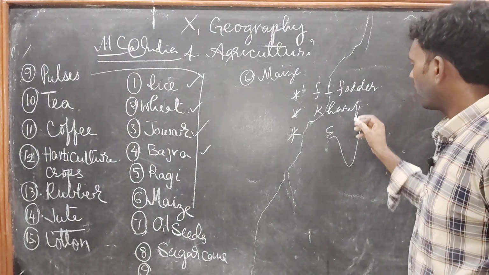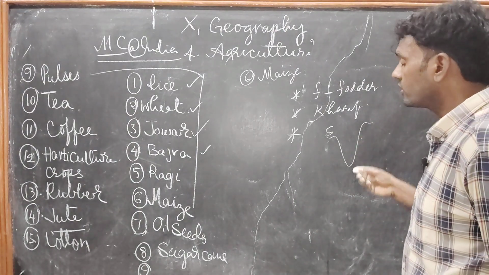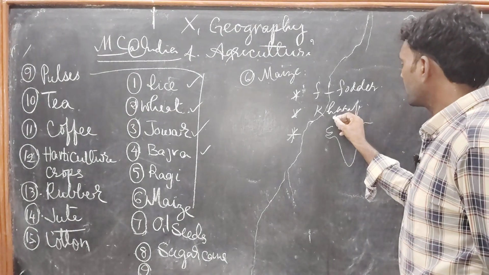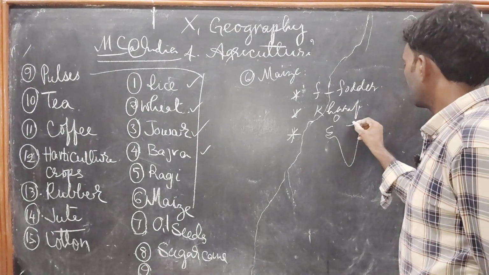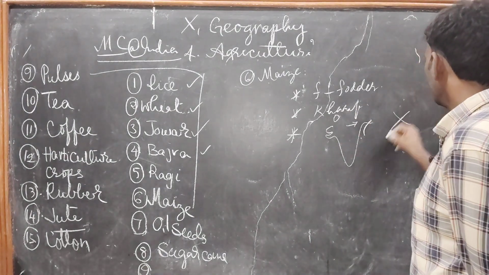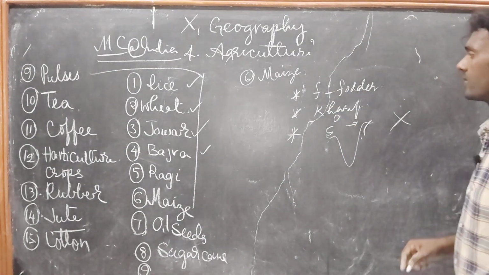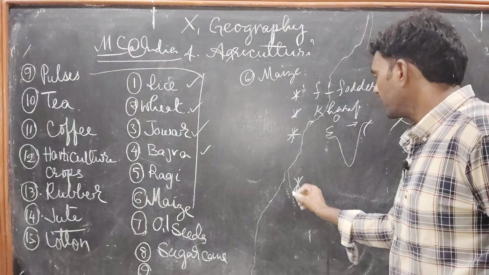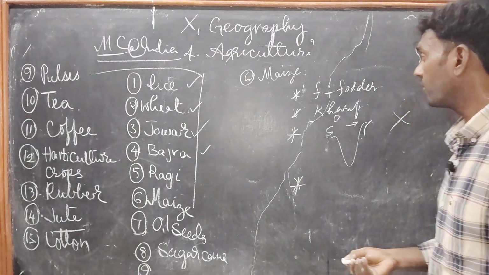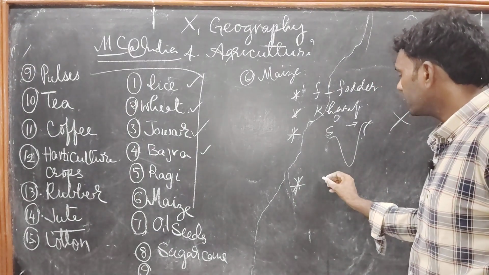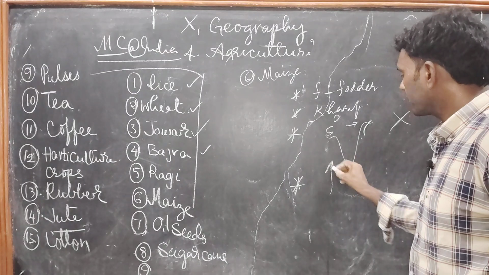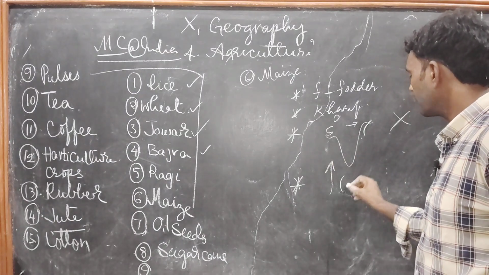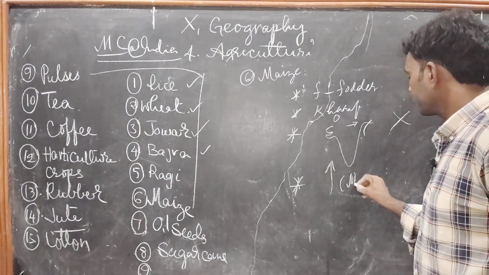See, particularly in North India, but they are not cultivated throughout India. Punjab and eastern and northeastern states we can't cultivate this maize. And also the yield of the maize is very high comparing with other millets.